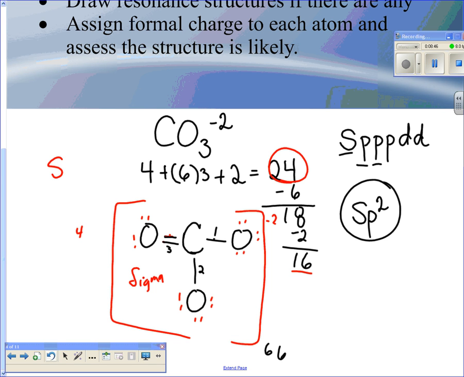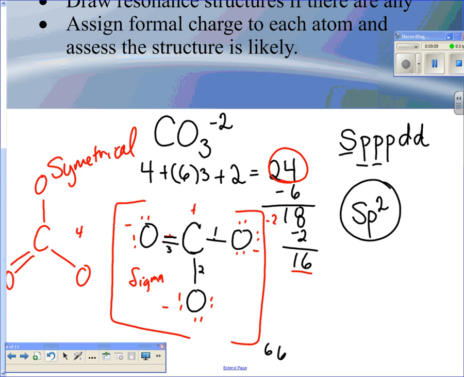And whenever you have a symmetrical molecule, even though I know that oxygen's slightly negative and my carbon is positive, it is rearranged in such a way that, if I actually were to draw this correctly in the way it's shaped, it would look like this.